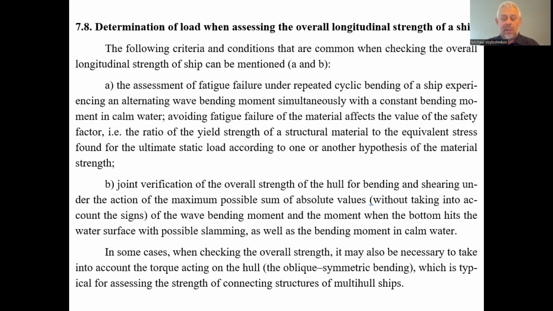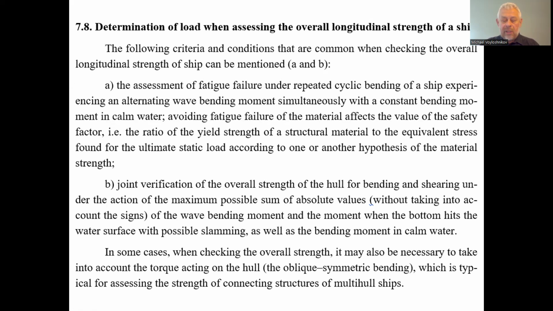And in some cases, when checking the overall strength, it may also be necessary to take into account the torque action on the hull, the oblique symmetric bending, which is typical for assessing the strength of connection structures of multi-hull ships. For example, the fore peak of one hull of the multi-hull ship and the stern peak of another hull can be on the crest of another wave.